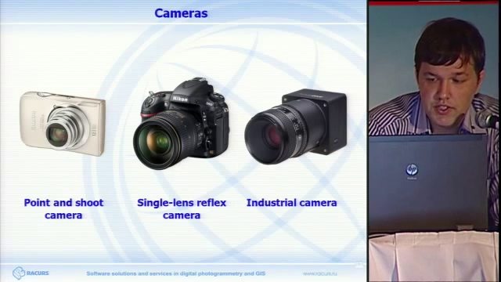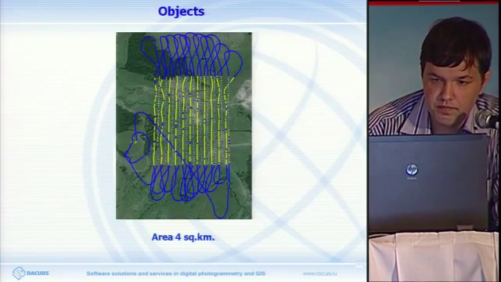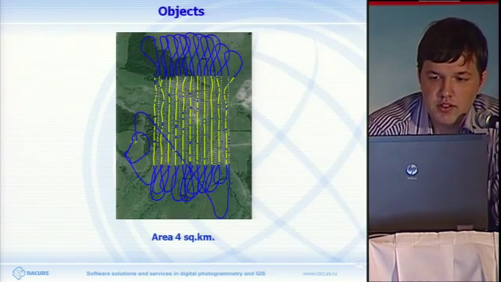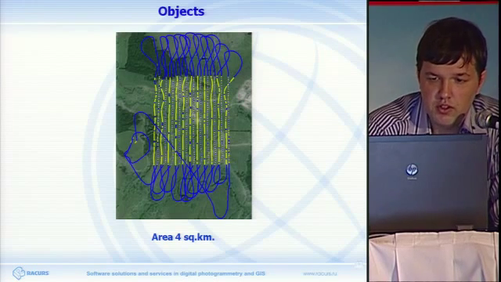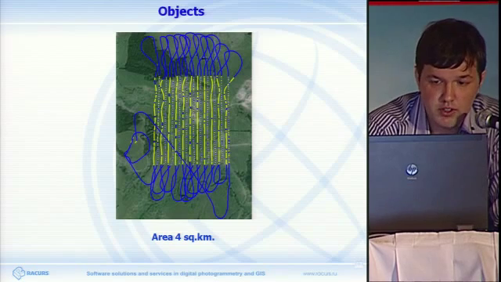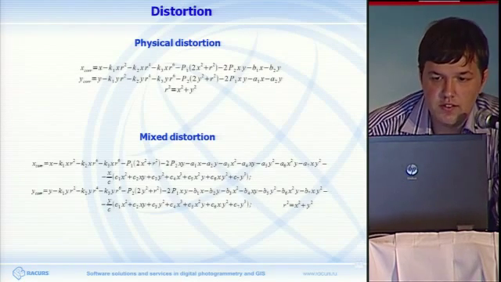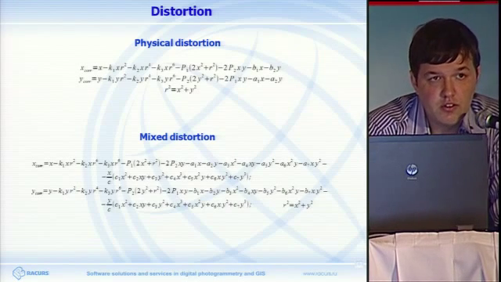In this case, you can see medium format cameras. This is Phase One or Hasselblad cameras. The actual area of the testing ground for calibration is a lot of about 4 square kilometers.